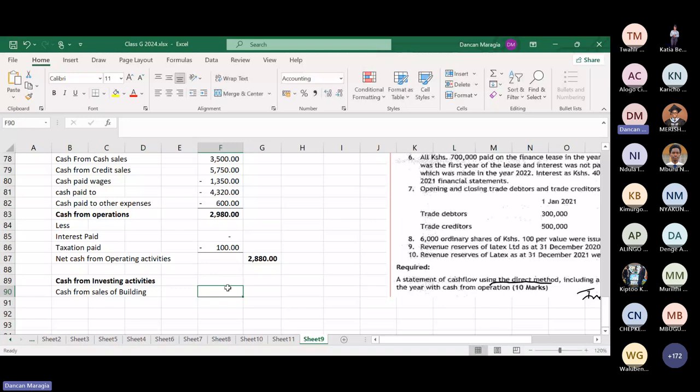We don't have any cash paid to acquire non-current assets.